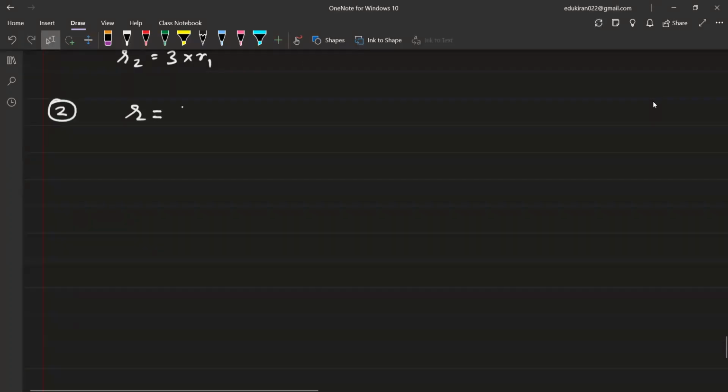Here rate is equal to K into A and B squared. ठीक है? B का क्या है यहाँ पे? Square.